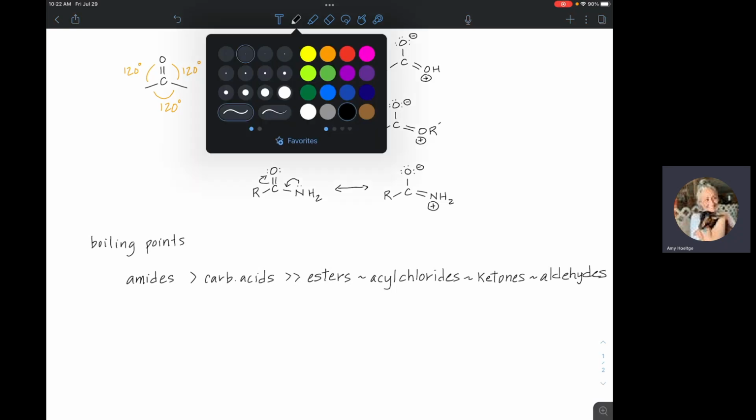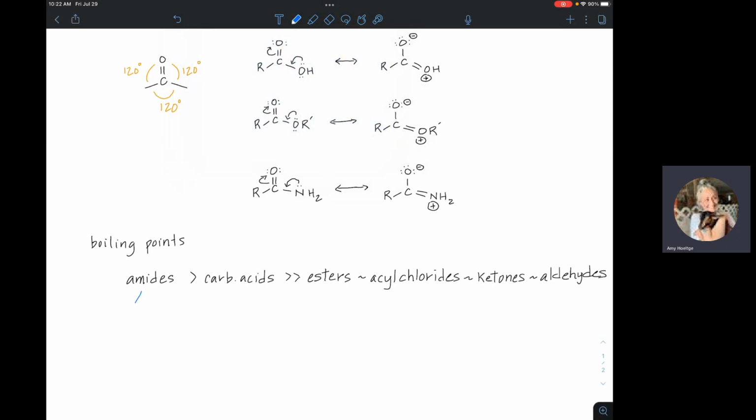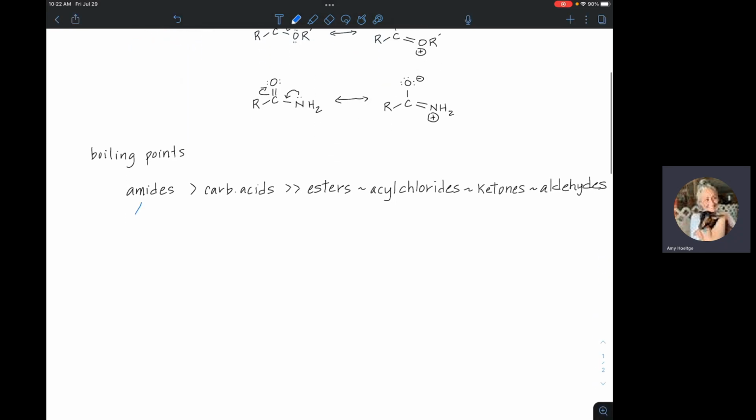But specifically talking about the amides here, due to that resonance structure on the right, if we're looking specifically at this structure here, being a greater resonance contributor, because the nitrogen is better able to support the positive charge, that carbon-nitrogen bond behaves a little bit more like a double bond.